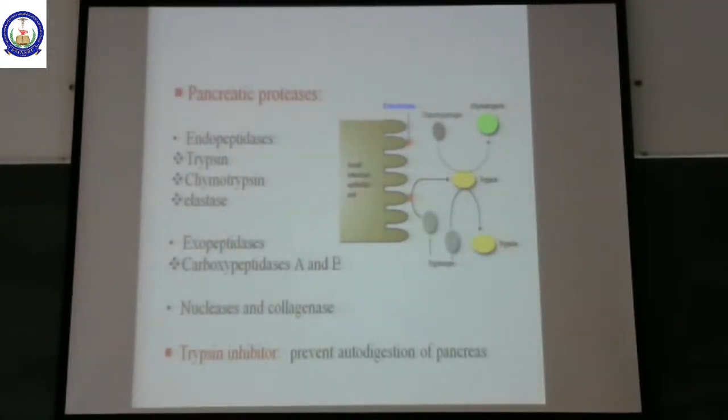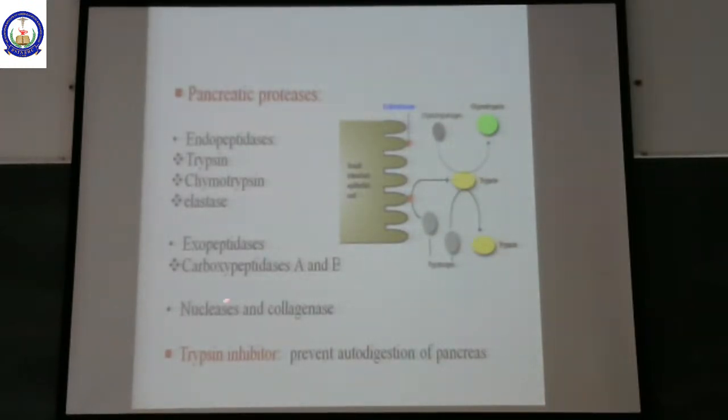How do they get activated? An intestinal proteolytic enzyme, enteropeptidase, first activates only one, that is trypsin. Once activated, trypsin will convert all other inactive enzymes into active forms.